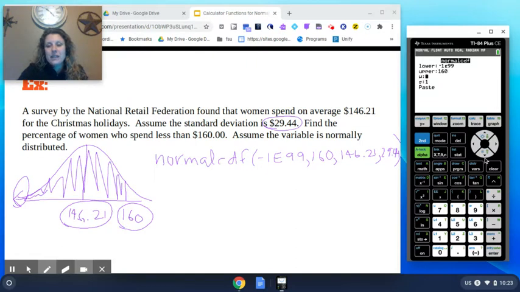The mean is $146.21. And the standard deviation is $29.44. We're going to click paste. Now, if you notice, guys, the calculator is going to show me exactly how I have it written out on my screen.